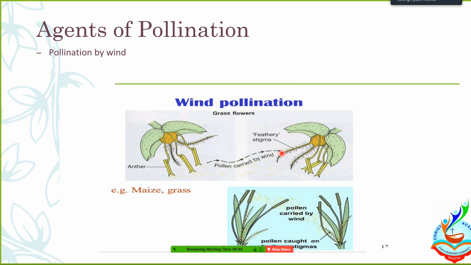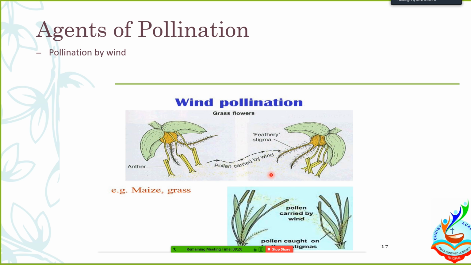It occurs through the wind only. The characteristic features of wind pollination are: wind pollinated flowers are colorless, tiny and without fragrance. Their pollen grains are light and produced in large numbers. The stigma of these flowers is feathery.